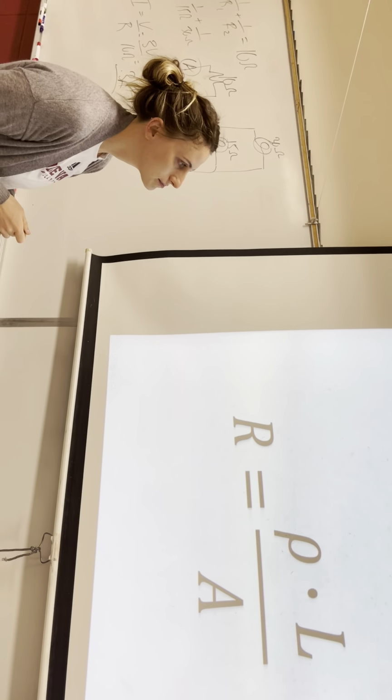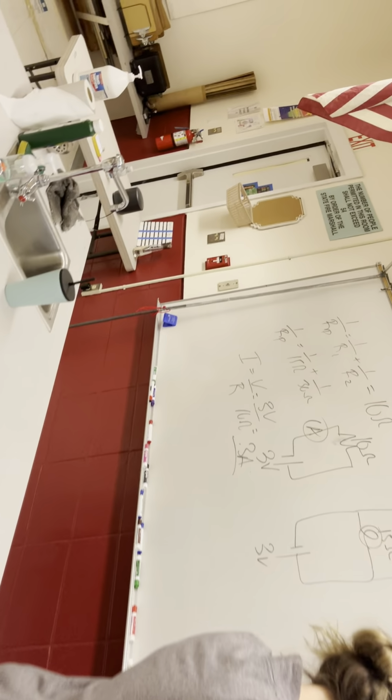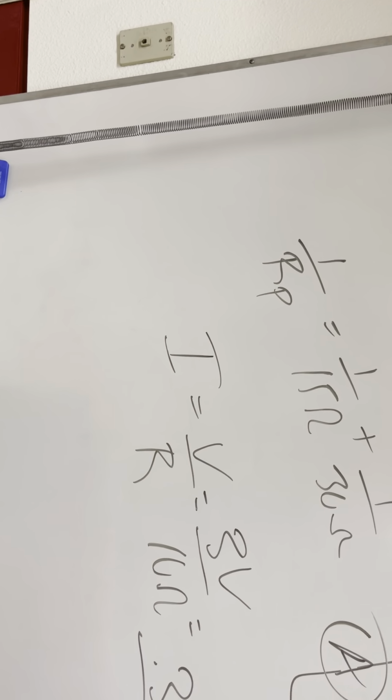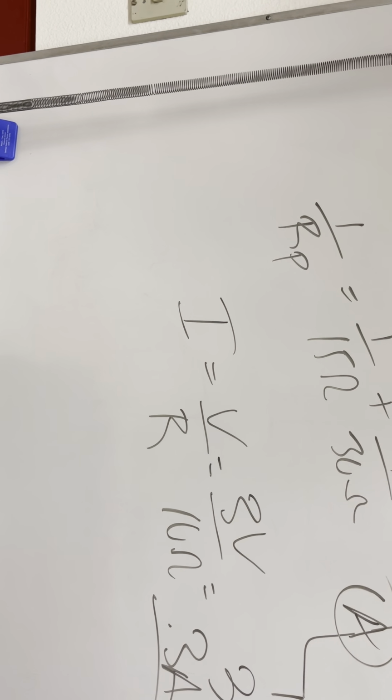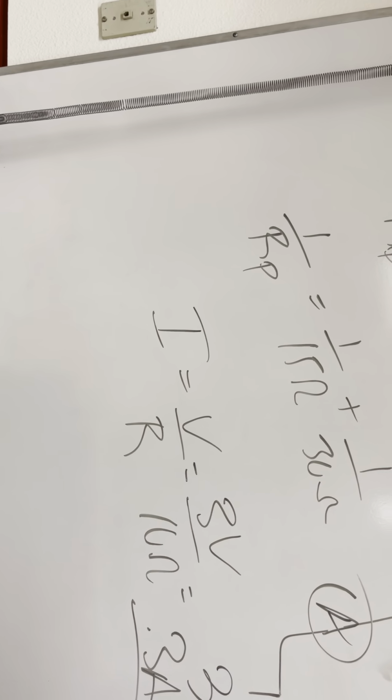If there's less resistance, more current flows. And if there's more resistance, less current flows. I is equal to V over R. More resistance, since it's an inverse function, on the bottom of the fraction, means less current. Less resistance, more current.